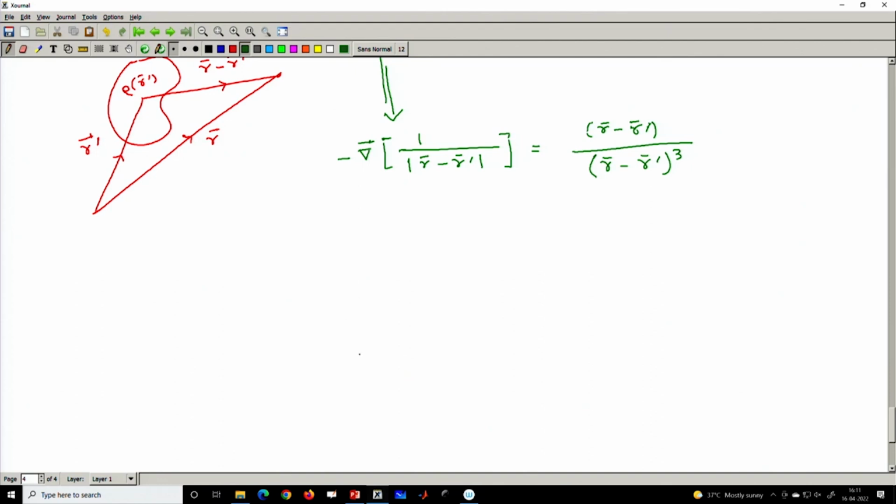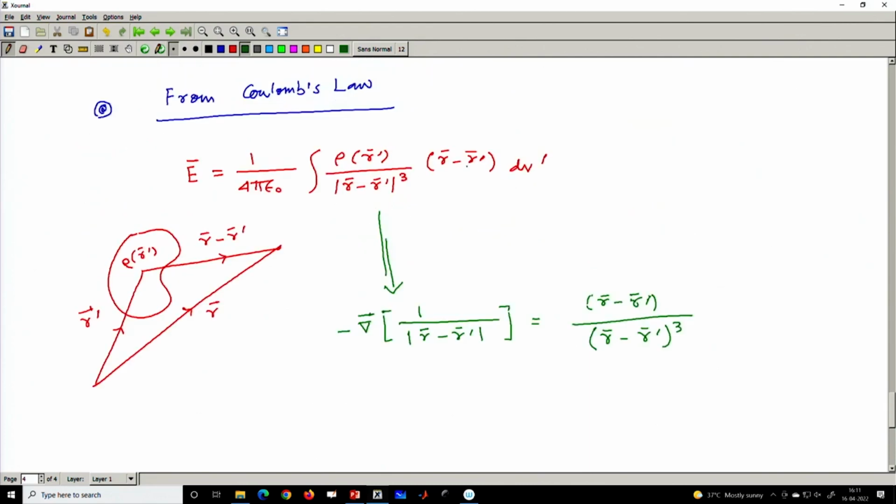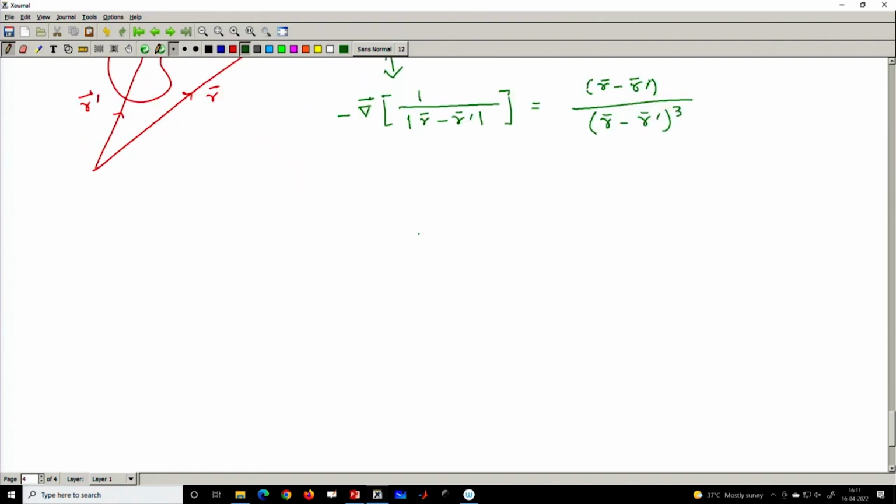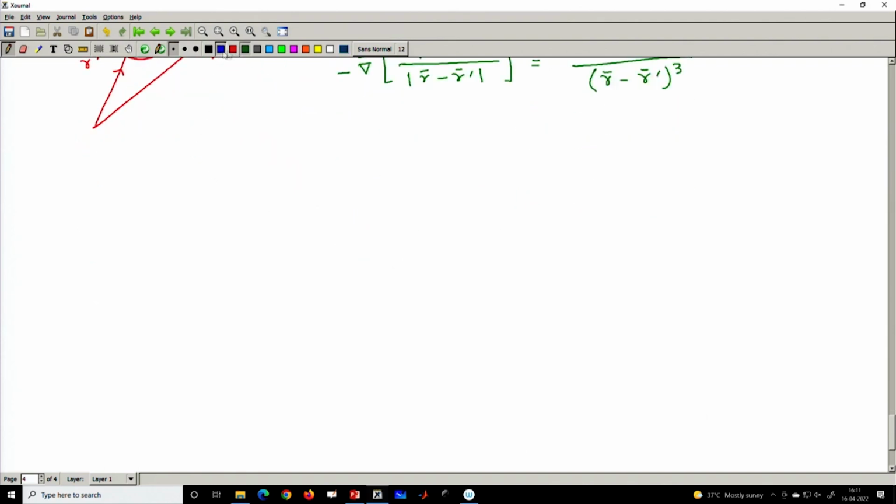Very simple calculation. Now, I just replace r minus r prime divided by mod of r minus r prime cube with this value in this equation, and if I do, my E as a function of r is simply minus of 1 by 4 pi epsilon 0 and then integration rho of r prime, and this quantity I just replace by the gradient of 1 over mod of r minus r prime, and dv prime.